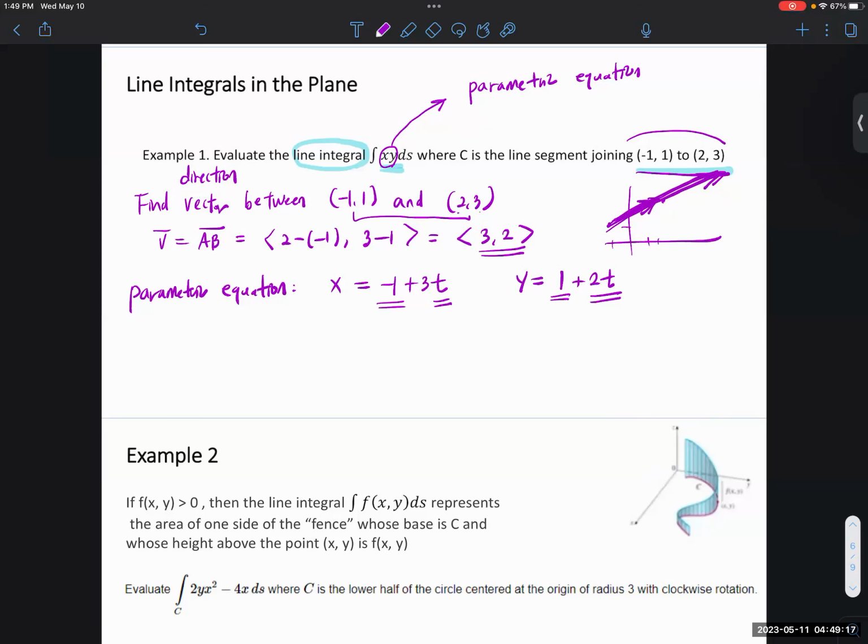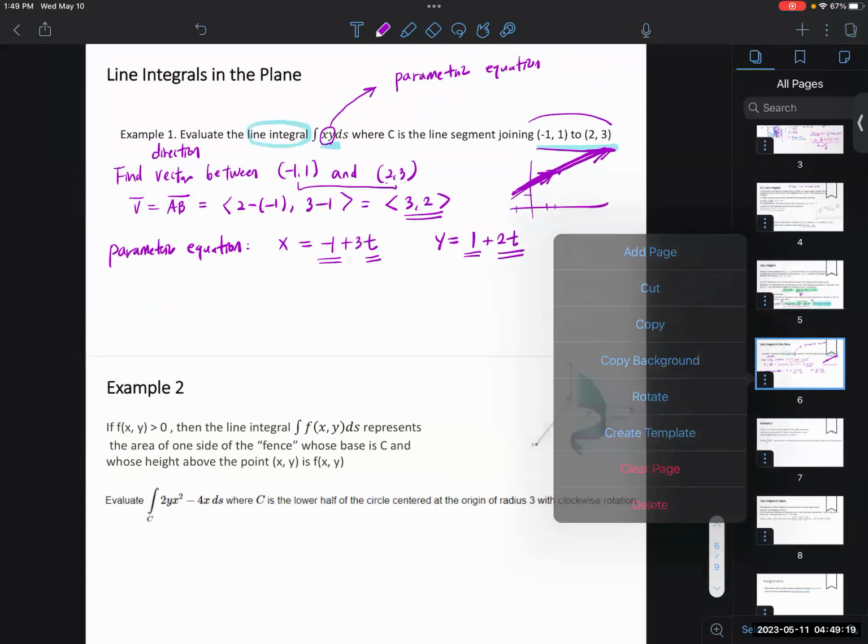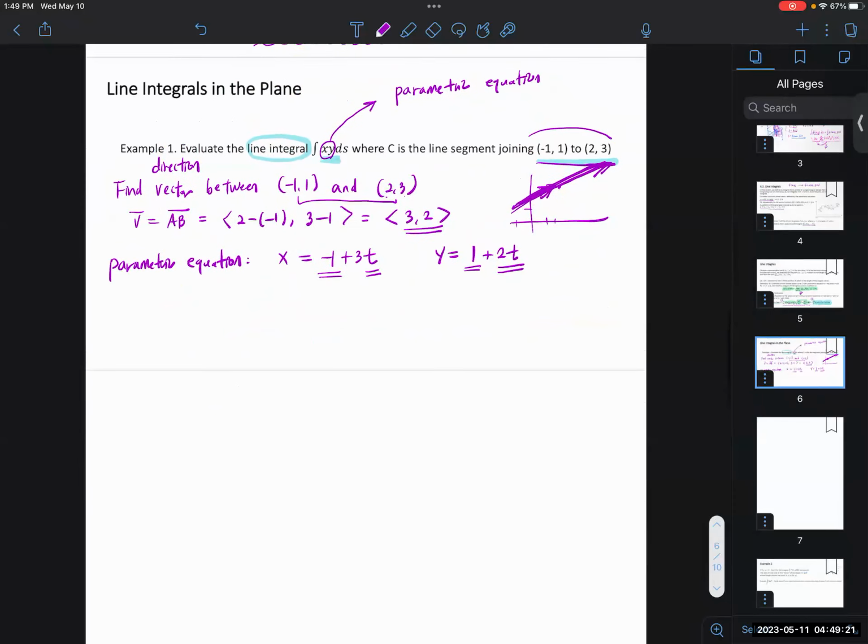So we have all the information now. We are looking for the integral of x, y, ds. And x is now -1 plus 3t, y is 1 plus 2t. That's your parametric equation.